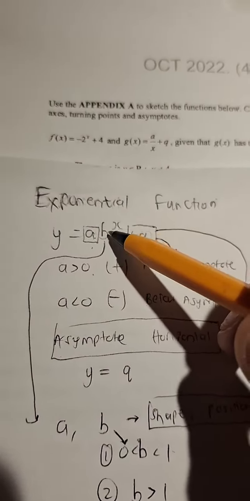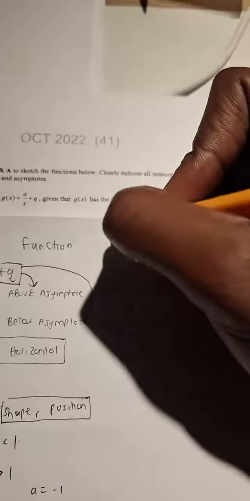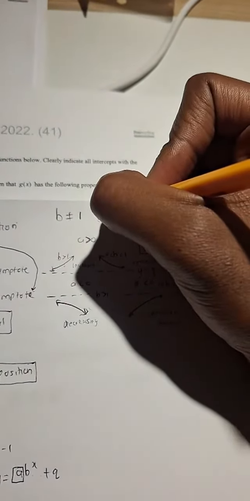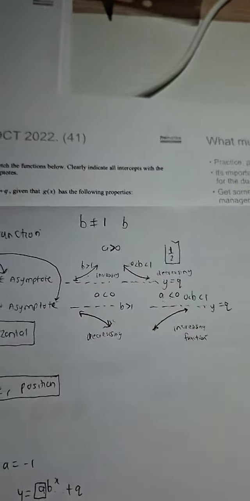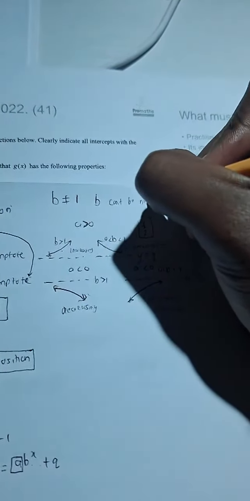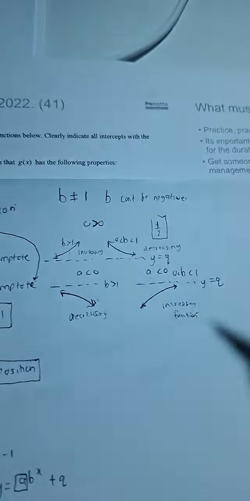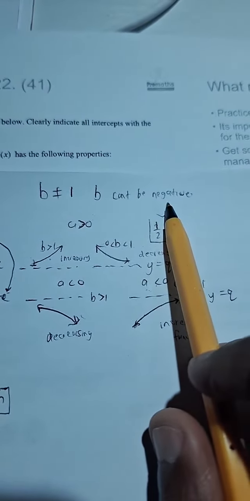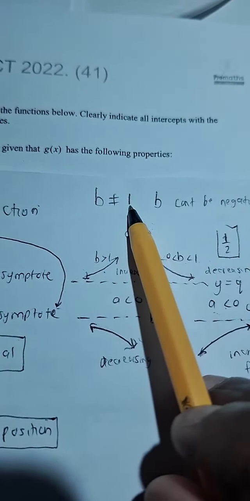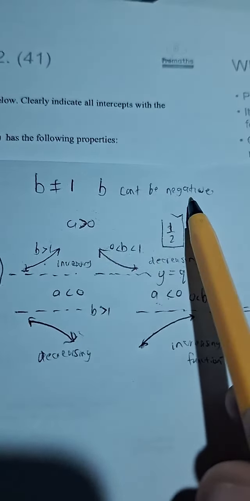The value of b can never be 1, and the value of b can never be a negative number. I hope you understand that this base to this variable exponent can't ever be equal to 1, and it can't ever be negative.